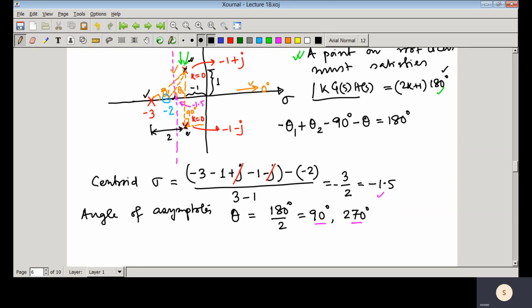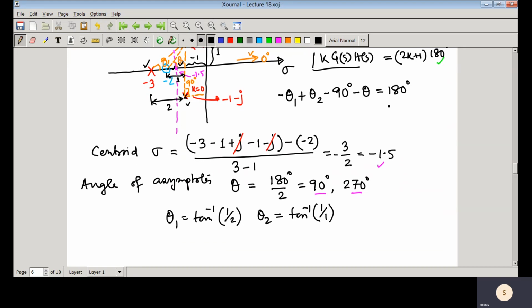So theta 1 is tan inverse 1 by 2. And what would be theta 2? Theta 2 is this angle. So theta 2 is tan inverse, this length is 1, this is 1, so that is tan inverse 1, which is 45 degrees.